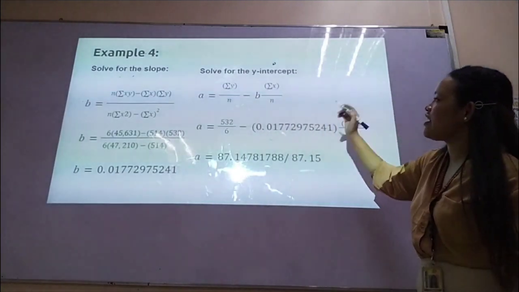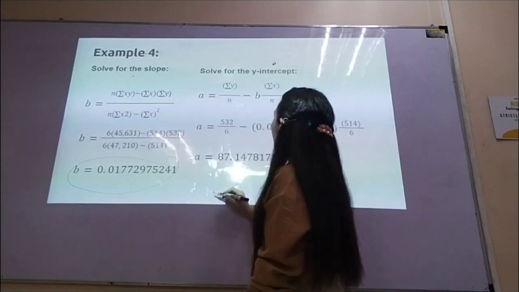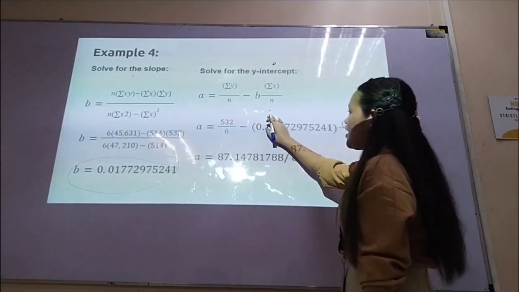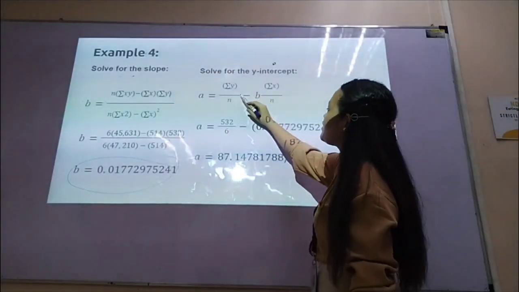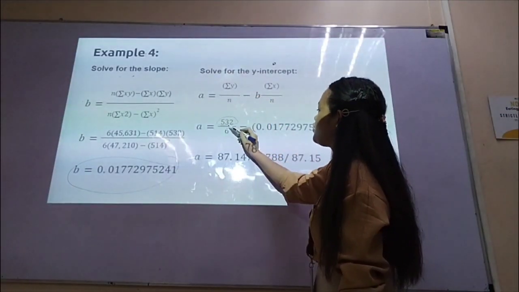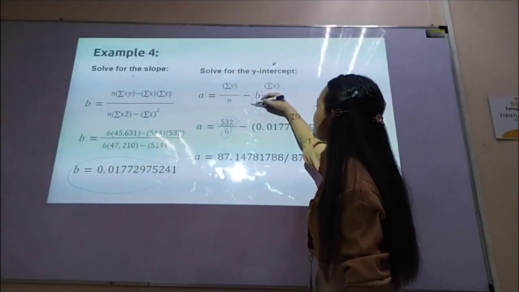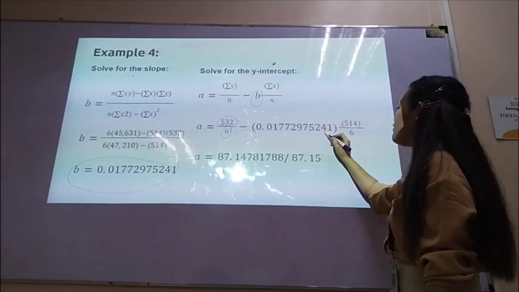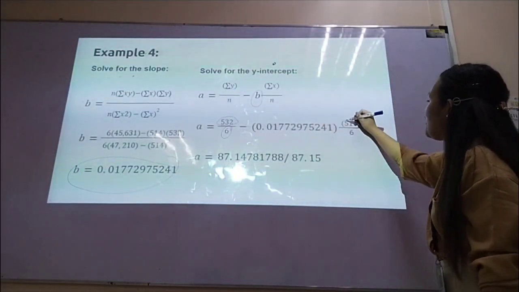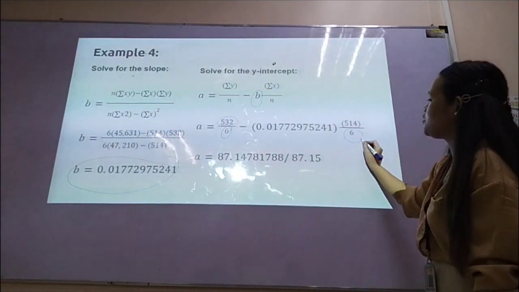And now next we're going to solve for the y-intercept. Since we already found the answer for our slope, we can use this formula already. So again, substitution. A is equal to the summation of y, which is 532, over the number of variables, which is 6, minus the slope, which is 0.01772975241, multiplied to the summation of x, which is 514, over the number of variables, which is 6.